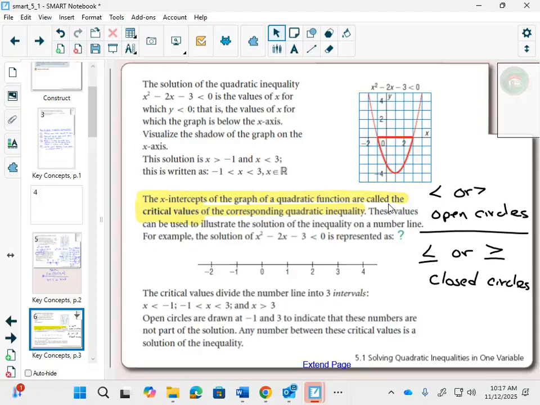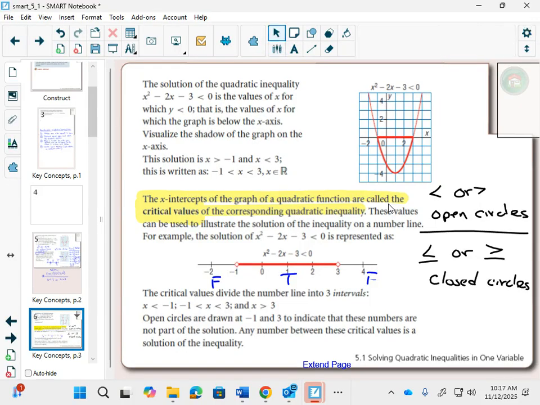Off to the side, what I mentioned in that example is that when it's a less than or greater than sign, we're going to draw our number line with open circles, and we're going to put closed circles when it includes the equal sign. And so for this one, the middle section would be true and the outside sections would be false.